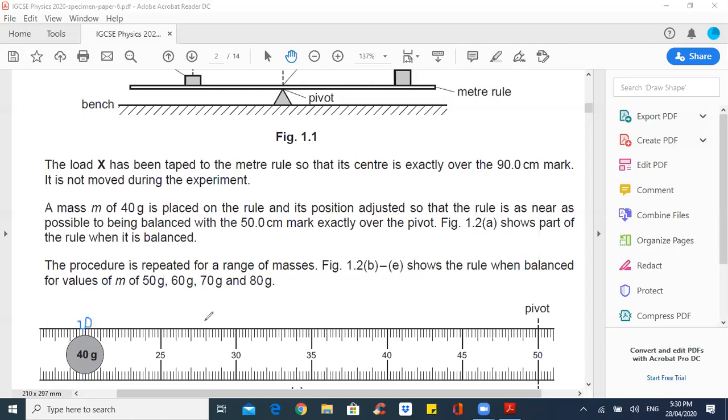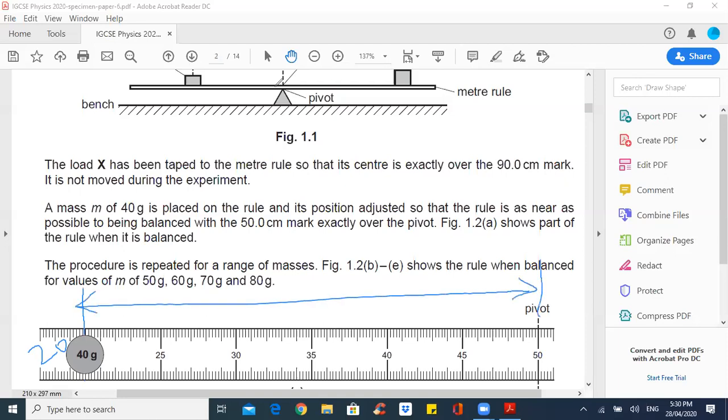So if here is 20, if this point is 20, then the distance between here to here is what?